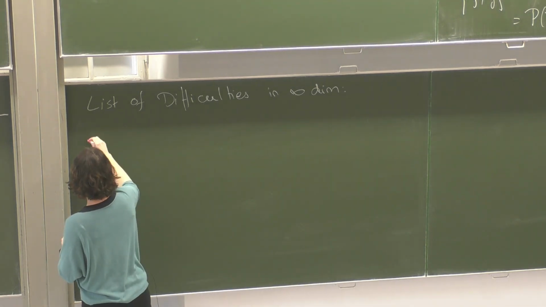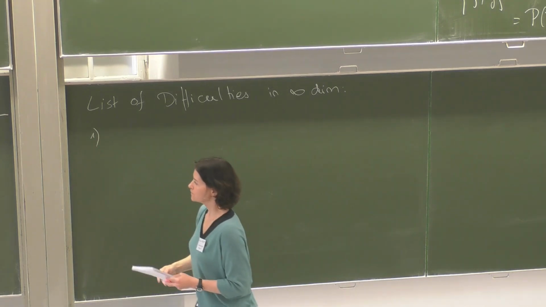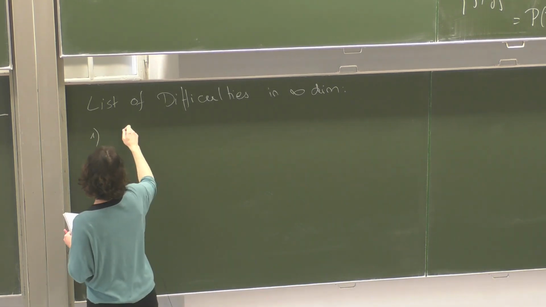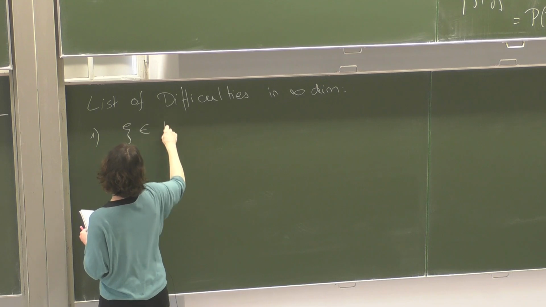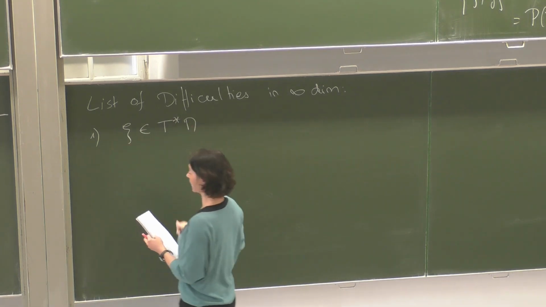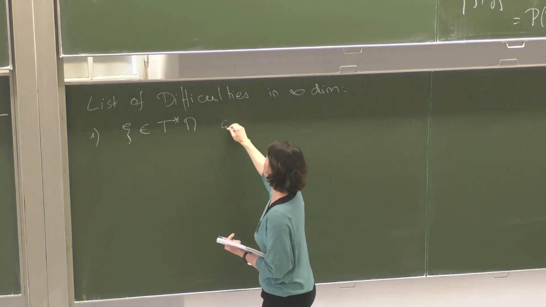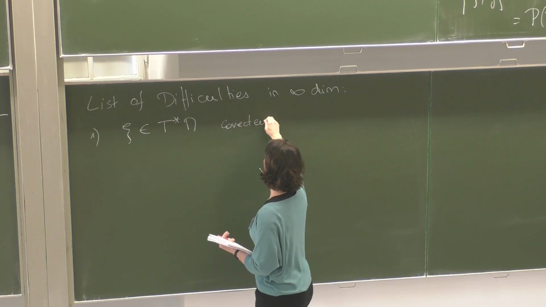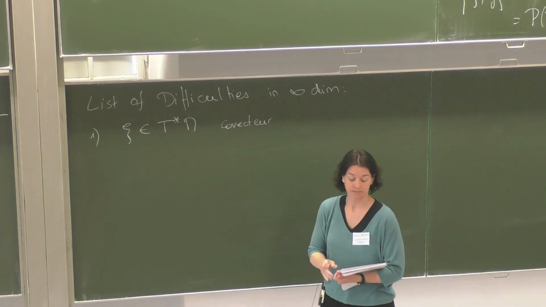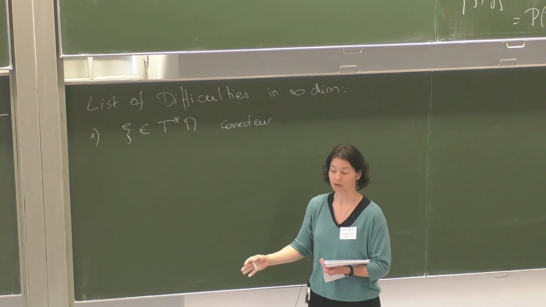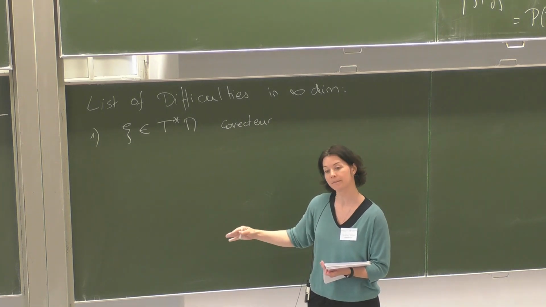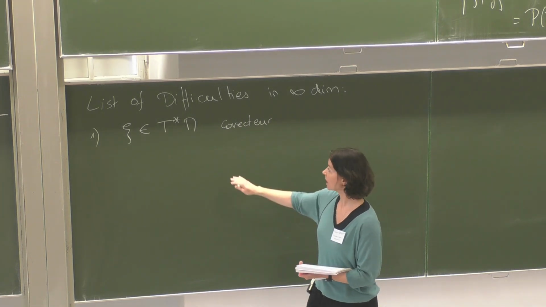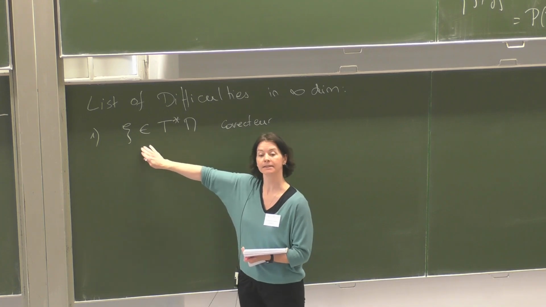First of all, when we start with a covector, let me call it Xi, on a Banach manifold M, it is not clear that there is a smooth function defined on the whole manifold M which has as differential exactly this covector at this point.